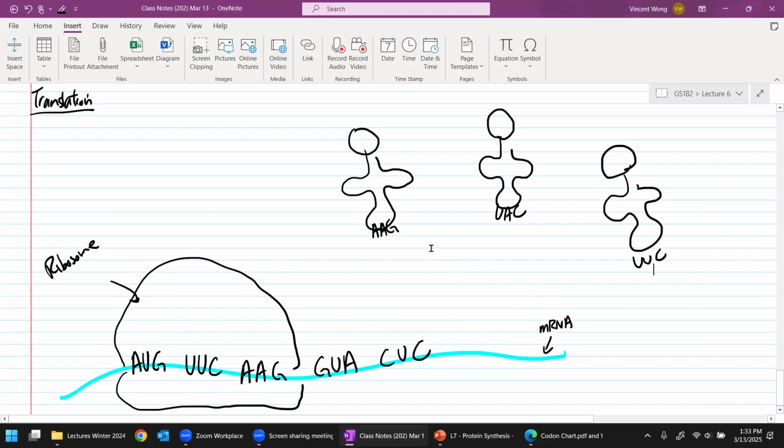What do we call this thing again? Anticodon. What do we call the whole thing? tRNA, right? Okay. This is an amino acid, right? What would this amino acid be? If the anticodon is AAG, what is the amino acid? Please think about it.